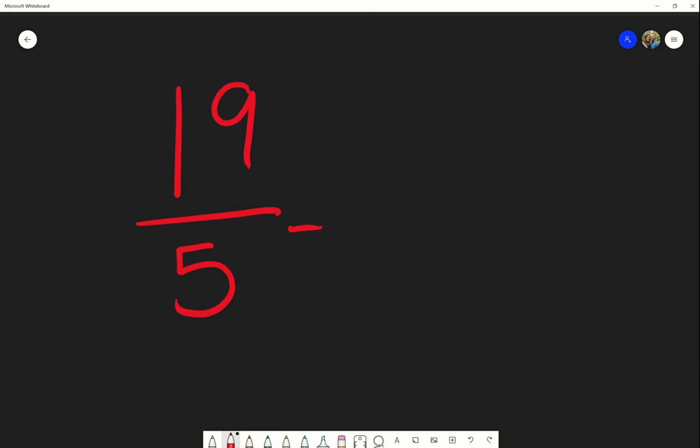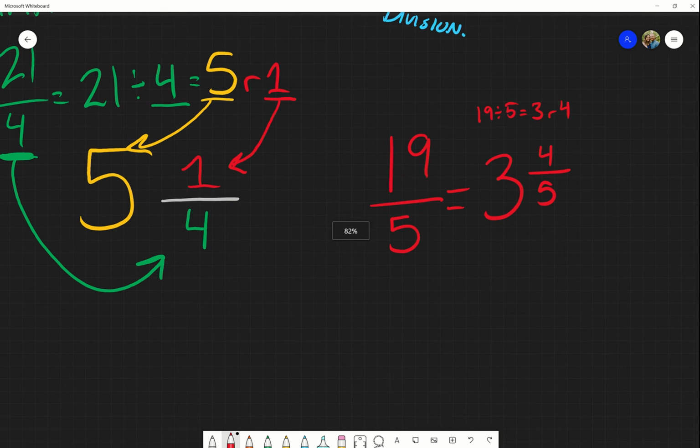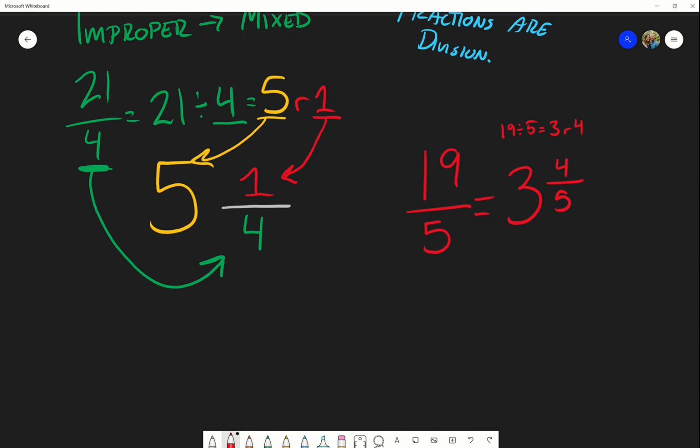All right, and so if you did the math, 19 divided by 5 is 3 with a remainder of 4. So that gives me a whole number of 3, remainder of 4 for my numerator, and my denominator stays the same. 3 4/5 would be the right answer to this problem. Great job, children. All right, so that is improper to a mixed number.